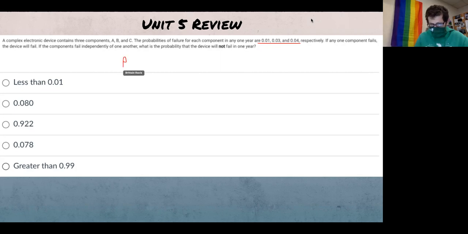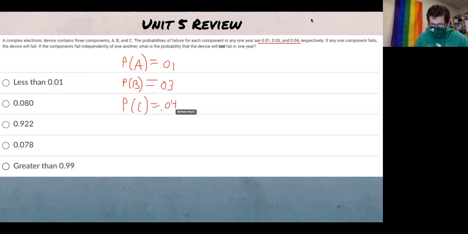The probability of A failing, the probability of B failing, and the probability of C failing are 0.01, 0.03, and 0.04. If any one of those happens, the device fails.